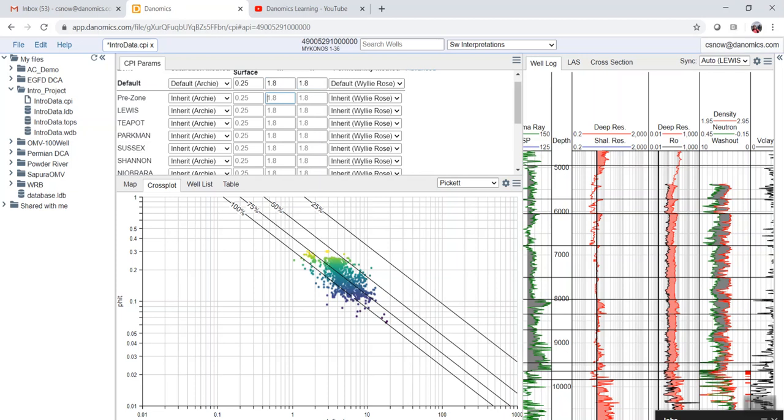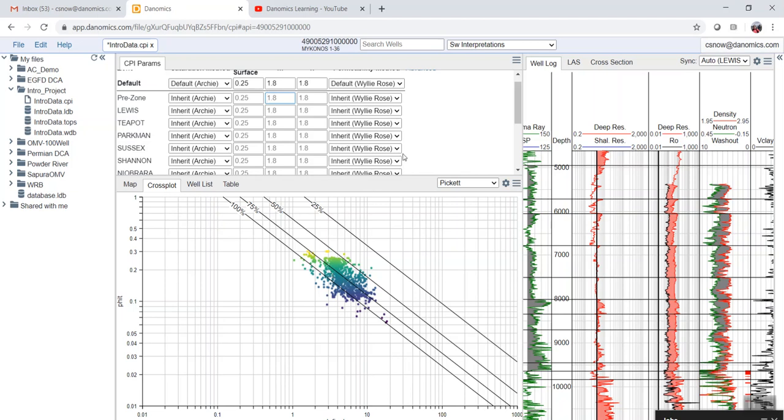When you set N at 1.8, it decreases the spacing between those lines, and therefore it'll decrease your water saturation and increase the hydrocarbon saturation. And so that is how we set this. Now, ideally, you would have done some tests on your formation. You would have established what M and N are through your SCAL program, and that's how you do that.